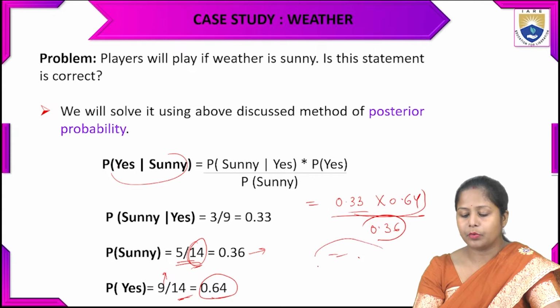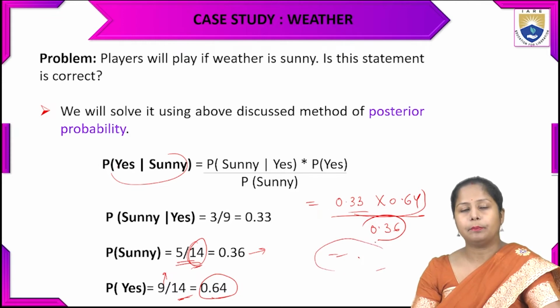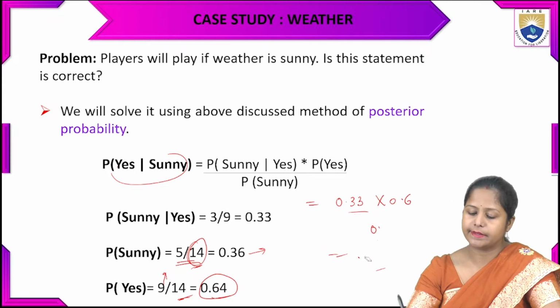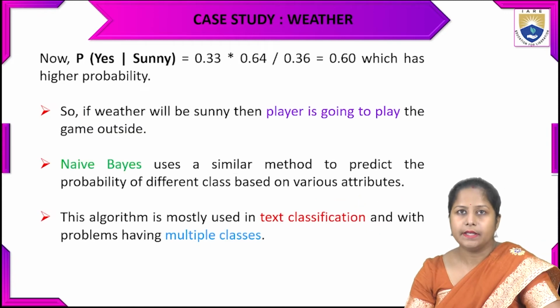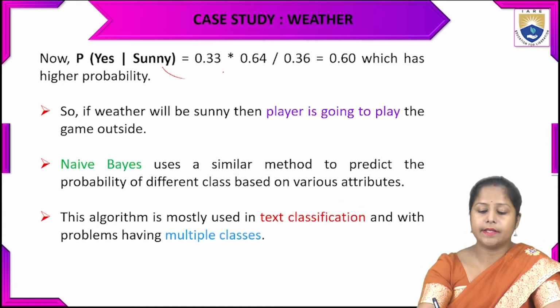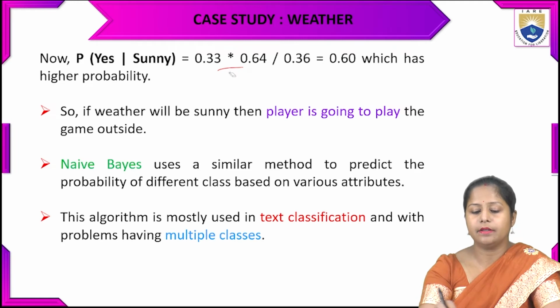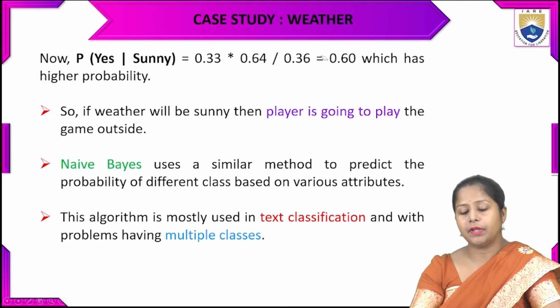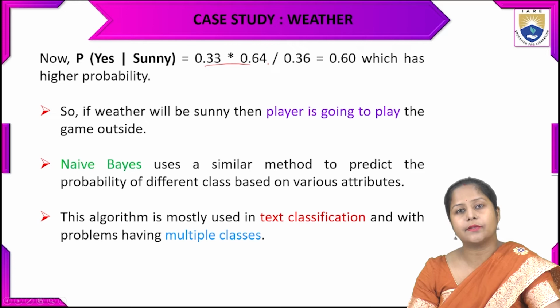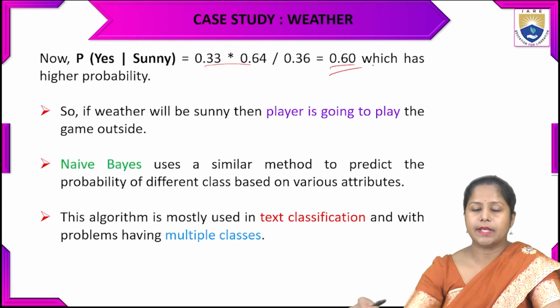That will be the posterior probability of S given sunny. If we calculate from that formula, 0.33 into 0.64 divided by 0.36, it comes as 0.60.